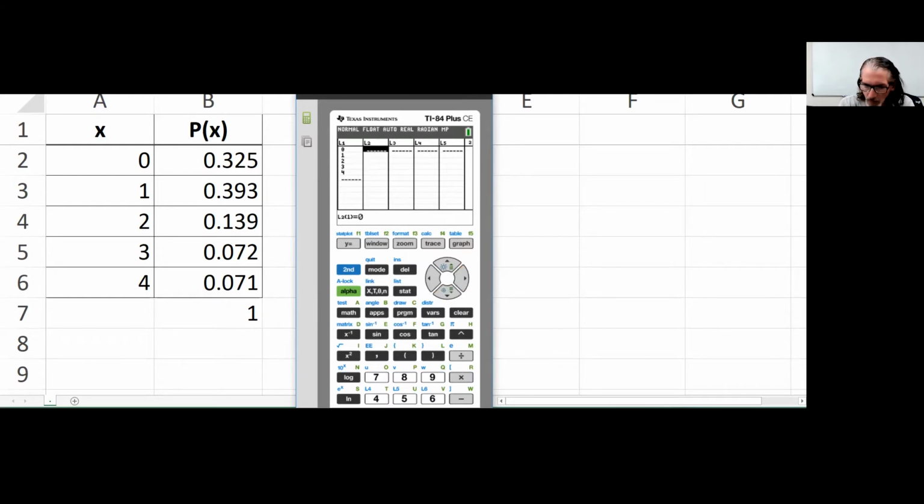Okay, putting in those probabilities. That's in list 2.